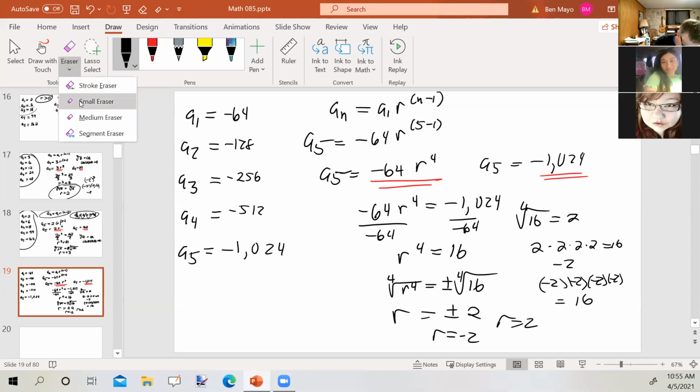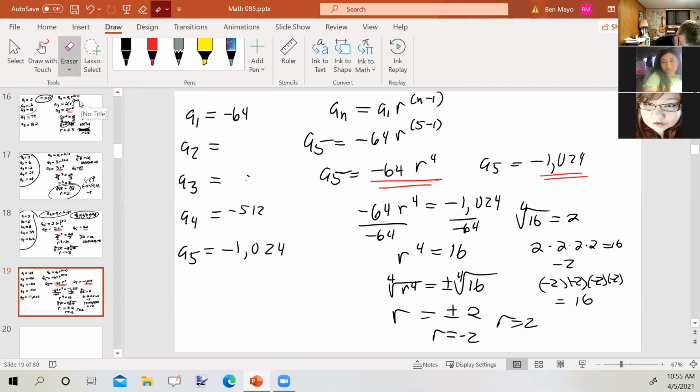Then what happens? Hang on here. If r is negative 2, negative 64 times negative 2 is positive 128. Negative times negative is positive. 128 times negative 2 is negative 256.